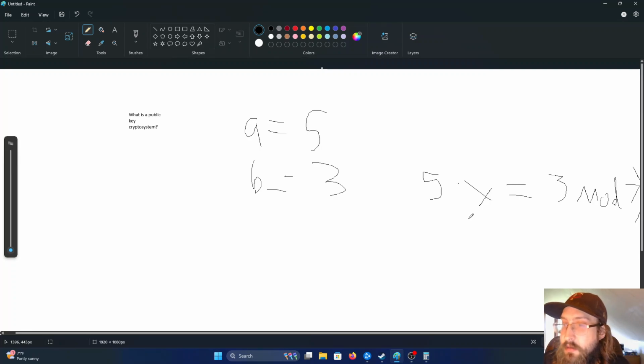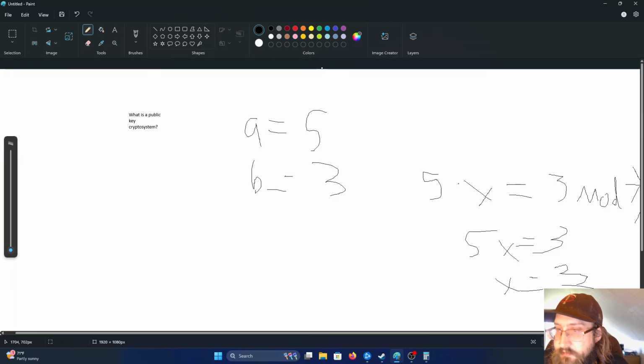How many 7s go into 3? 0, with 3 left over, right? So we got 5 times x equals 3, and x equals 3/5.